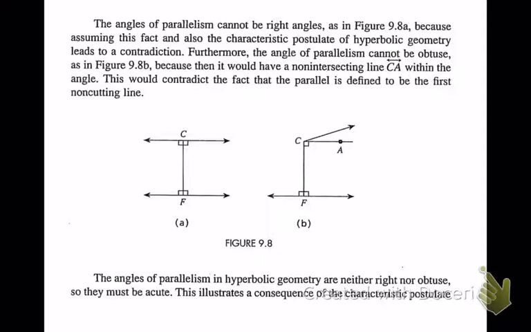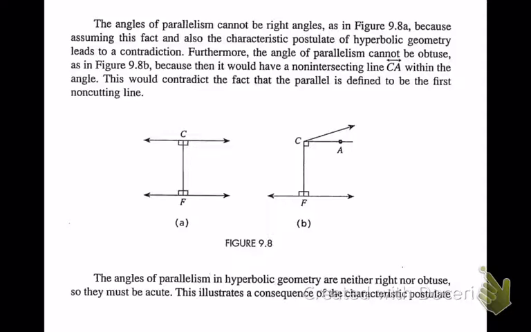Furthermore, the angle of parallelism cannot be obtuse. So we look at Figure B, because it would have a non-intersecting line CA within the angle. This would contradict the fact that parallel is defined to be the first non-cutting line. That's key. It's the first non-cutting line.